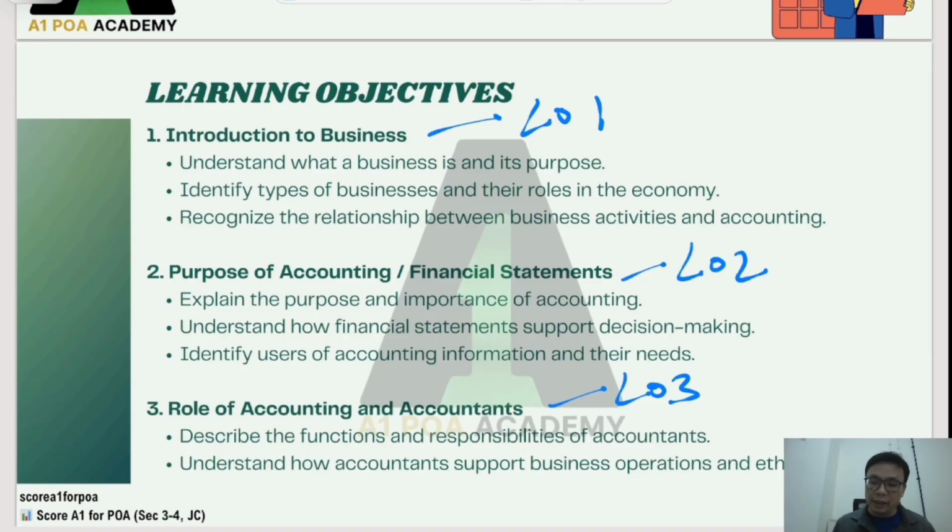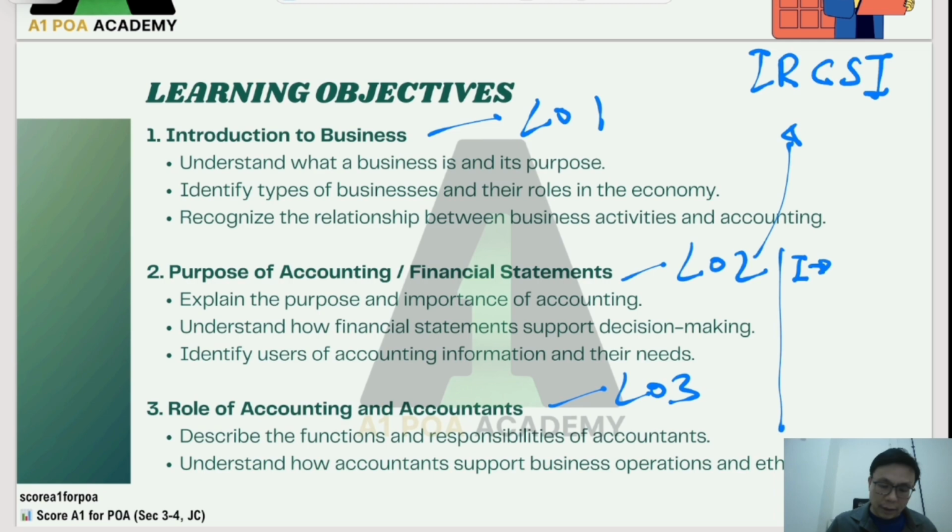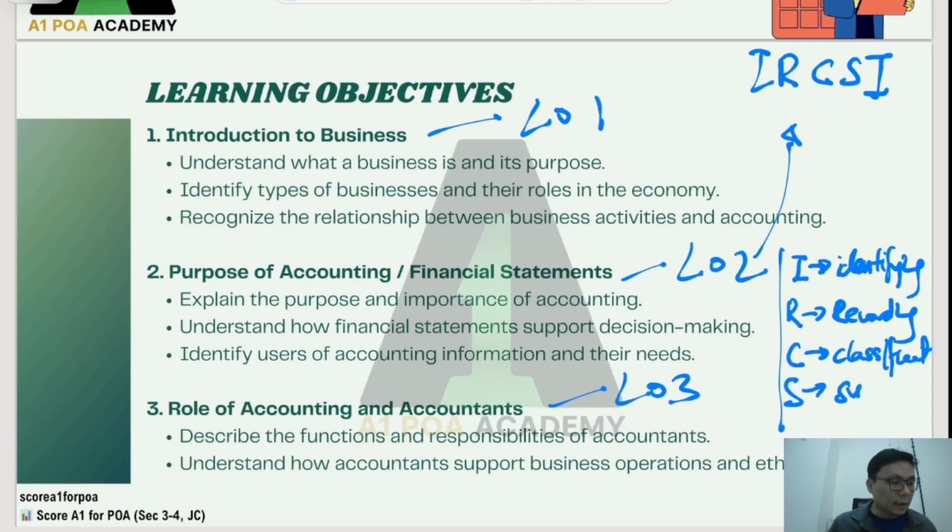In specific, there's this acronym that we use, IRCSI, where I is about identifying, R is about recording, C is about classification, S is about summarizing, and last but not least, I, interpreting.